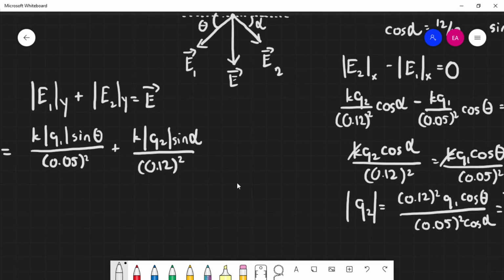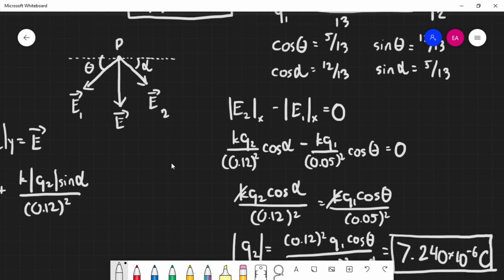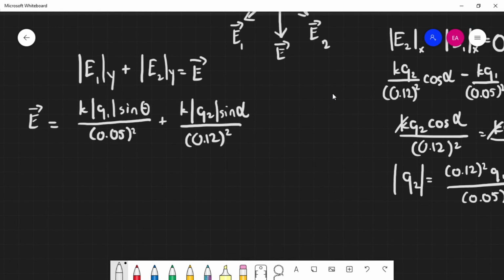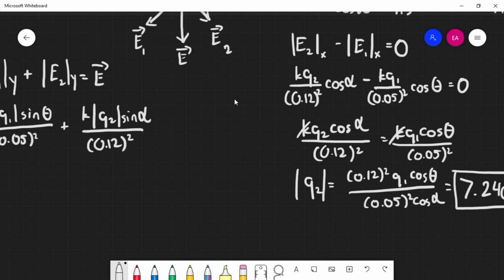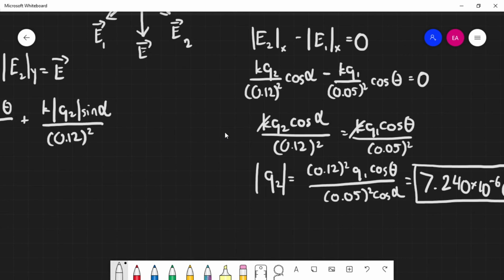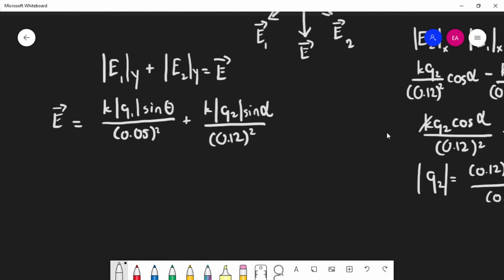K is a constant, sine alpha and sine theta are already available to us.